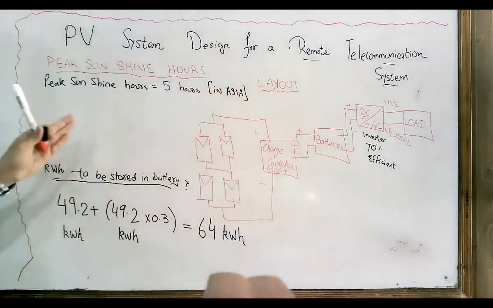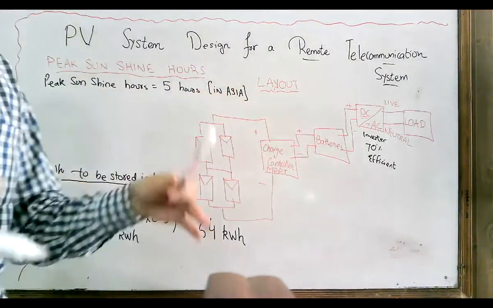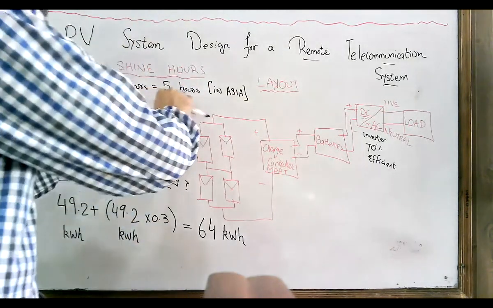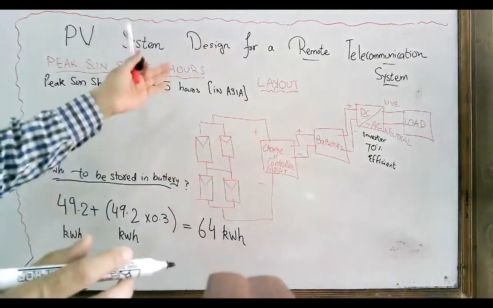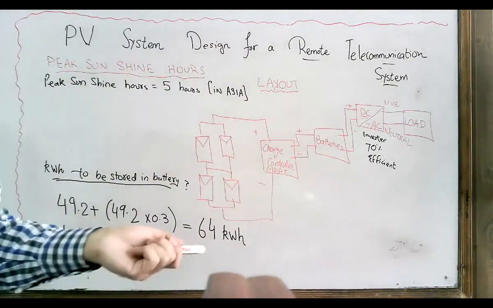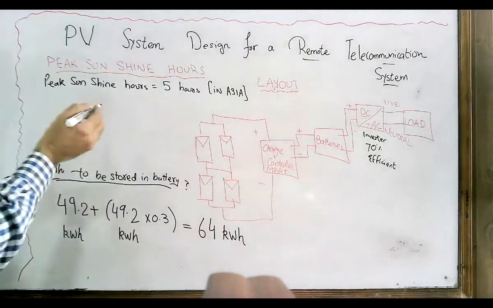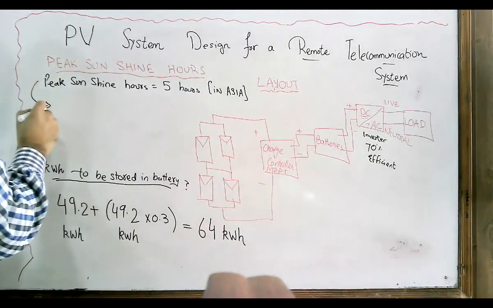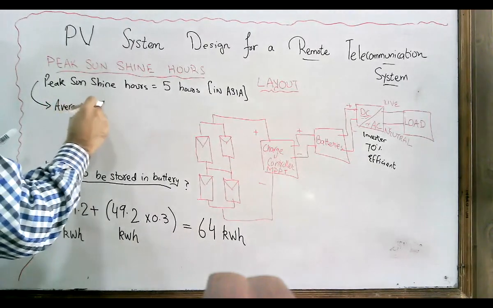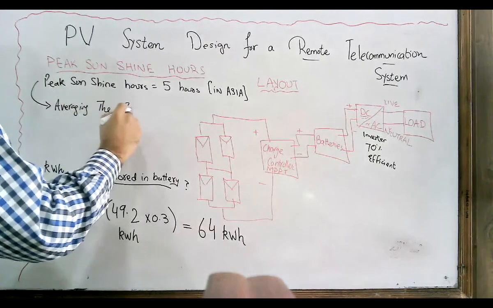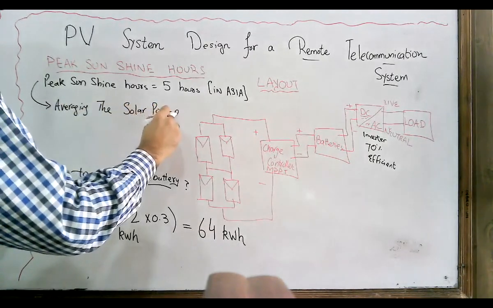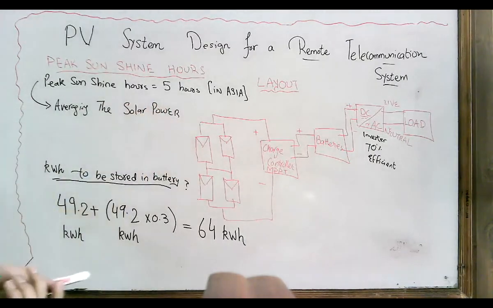That is, we assume that the sun shines for only 5 hours a day, and for those 5 hours we are receiving maximum sunshine, and then there is no sunshine. This is a way of averaging the solar power. We are going to take an average value.